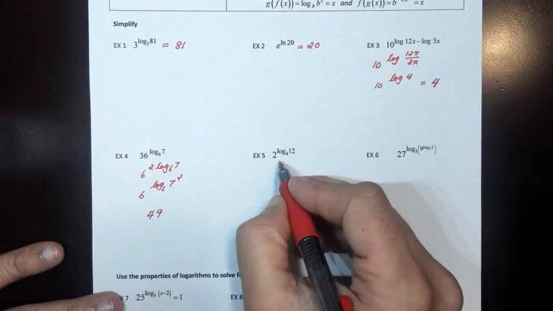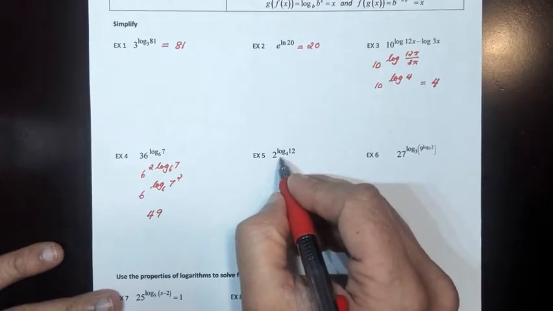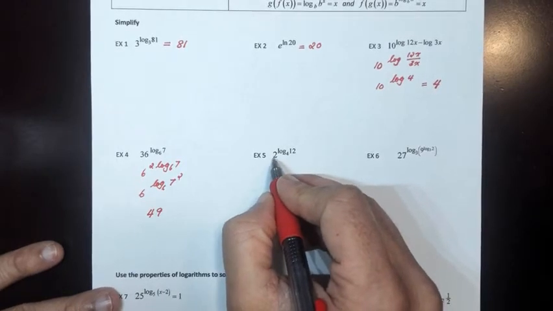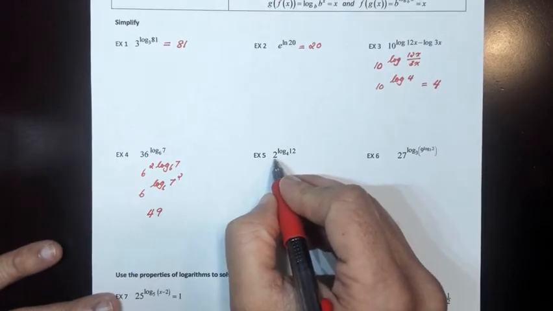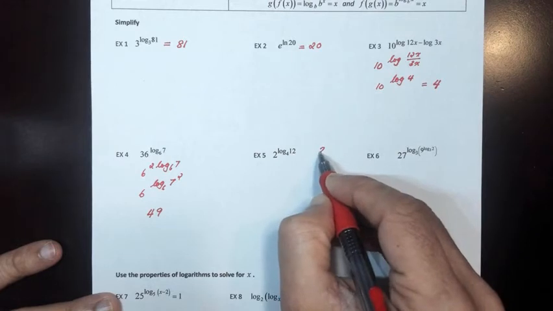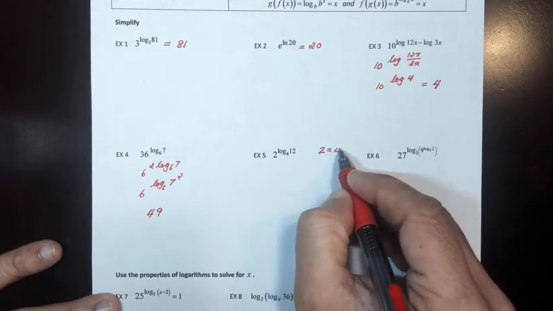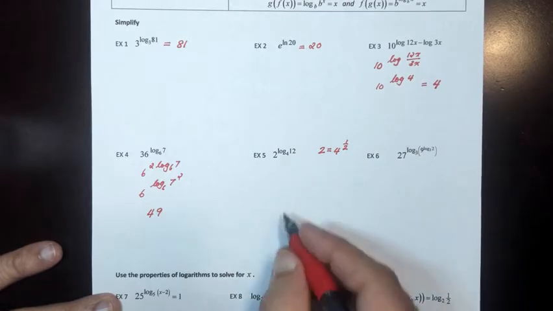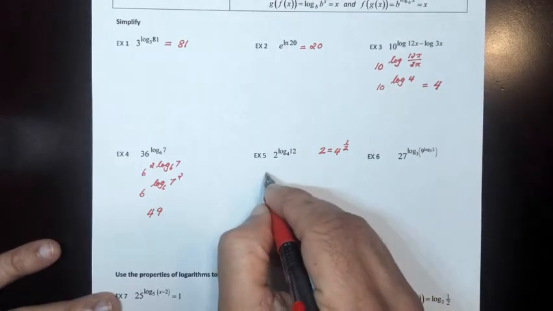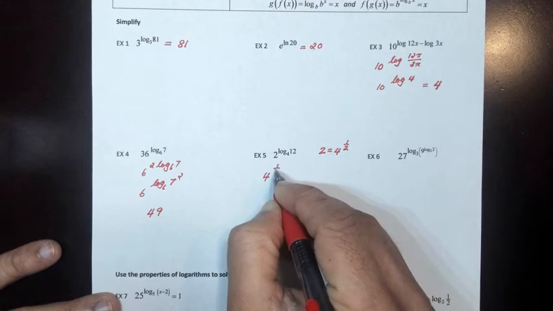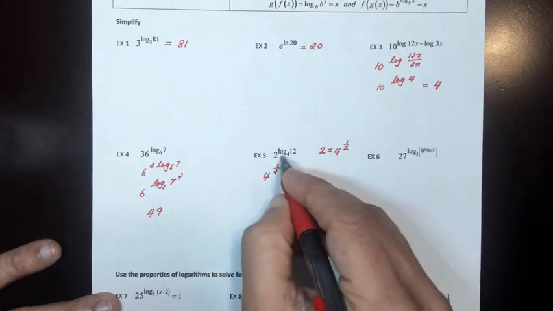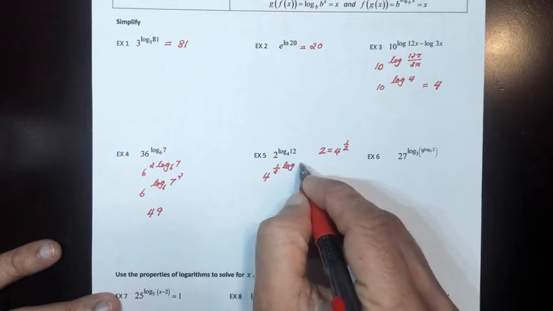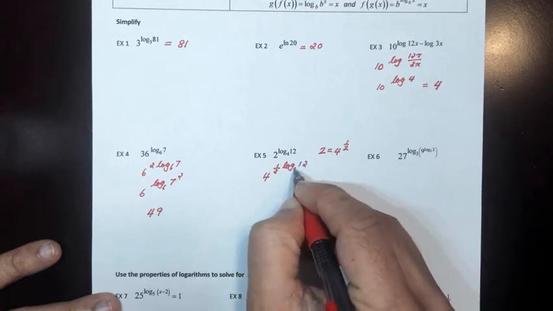Okay, same thing up here. So we have a base 4 here, but we don't have a base 4 for the 2, but we can easily rewrite it. The 2 is actually 4 to the power of 1/2, square root of 4. So we can rewrite it: 4 to the power of 1/2, then everything else, log 12 to the base of 4.